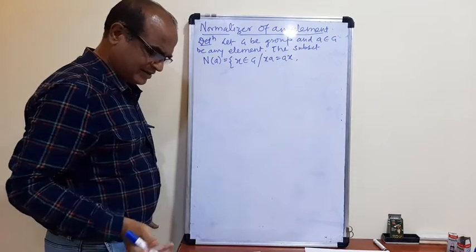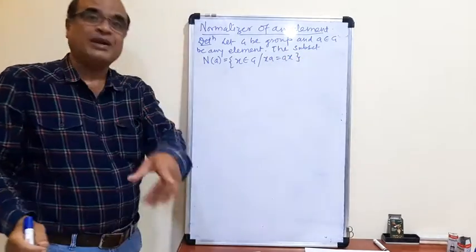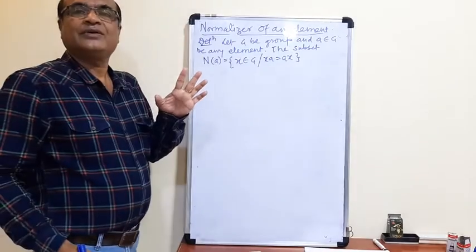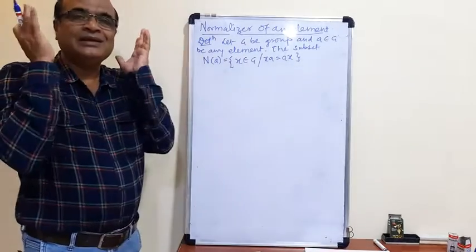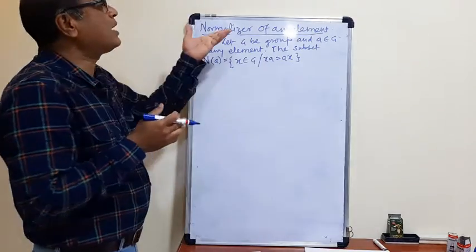Not necessarily for all elements. So you just find the normalizer of an element A. What is the difference between the definition of the center of G and the normalizer of an element?